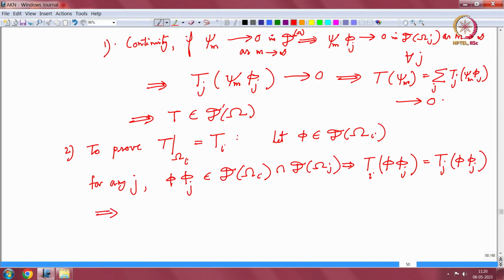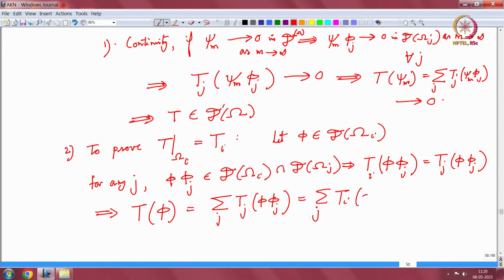Therefore, that implies your T phi, this is what you want to show, is equal to summation over j of T j of phi j by definition, that is it. Whichever has summation, you get this one. So, that is the same as summation over j of T I of phi j. Now, T I is independent of j, so you can take T I outside, summation of j phi j.